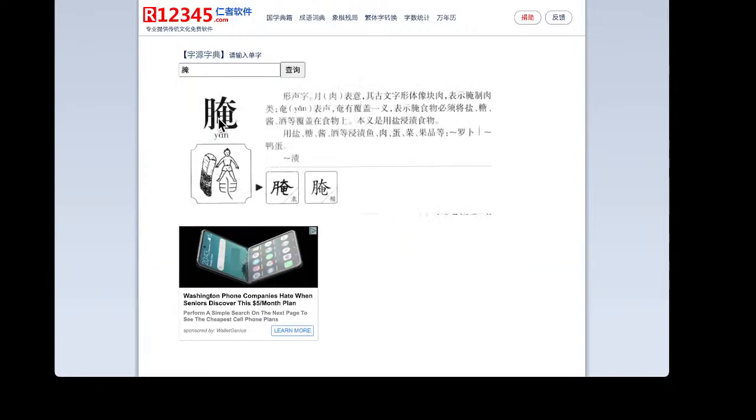Now obviously it has the meat radical right there, because you use it to prepare meat, 腌肉. On the right-hand side is the character 奄. 奄 has a meaning of cover. So with this way of preparing food, you have to use the salty water to cover the food entirely.